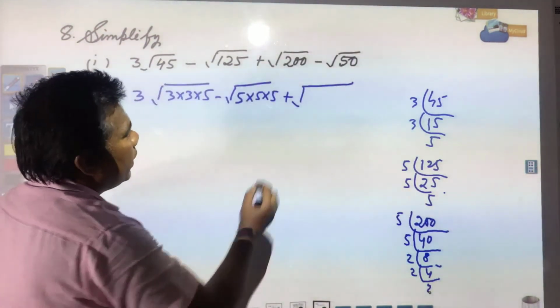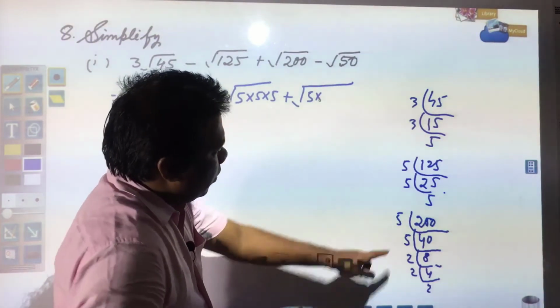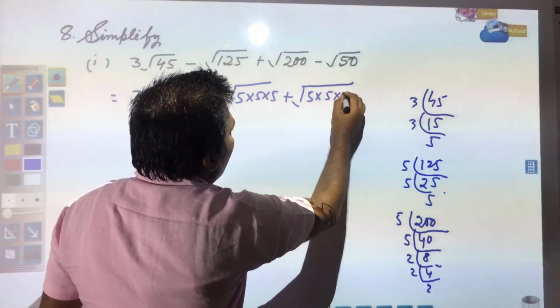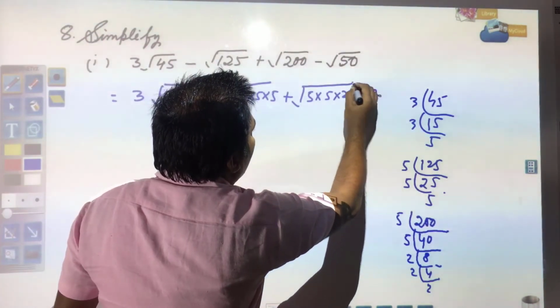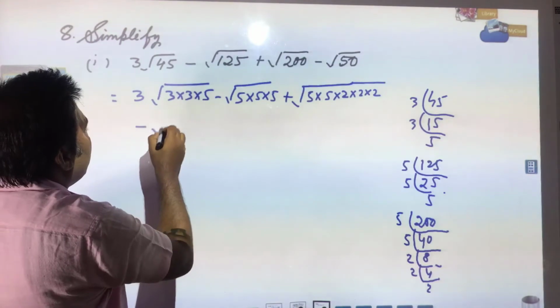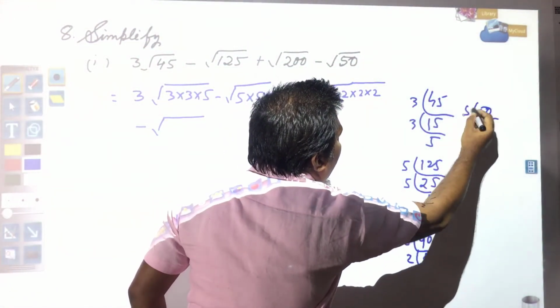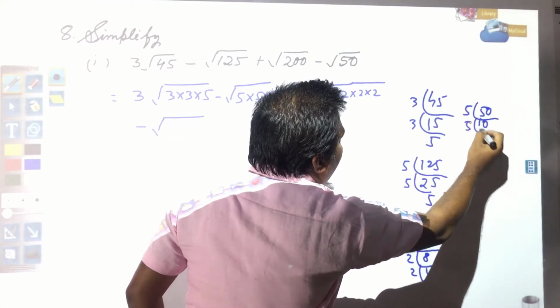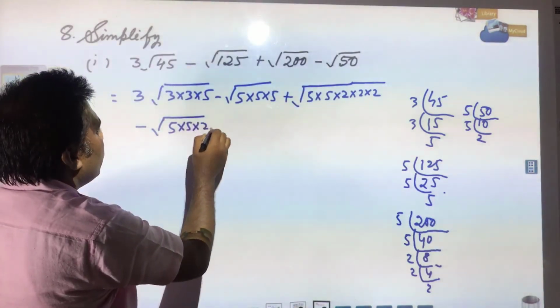So, it can be written as 5 into 5 into 2 into 2 into 2. And minus 50 you have. So, root under 50, 5 10s are 50 and 5 2s are 10. So, it can be written as 5 into 5 into 2.